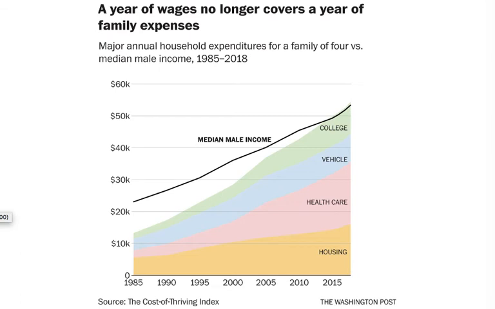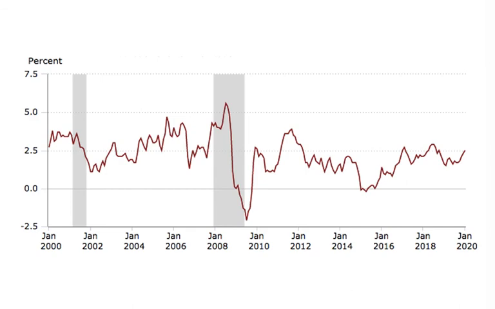But all this I've said so far has only been in the U.S. Different countries have a different normal amount of inflation that they see. For the US, the normal amount of inflation that we've seen from 2000 to about 2020 is somewhere between about 1 and 2% inflation per year.